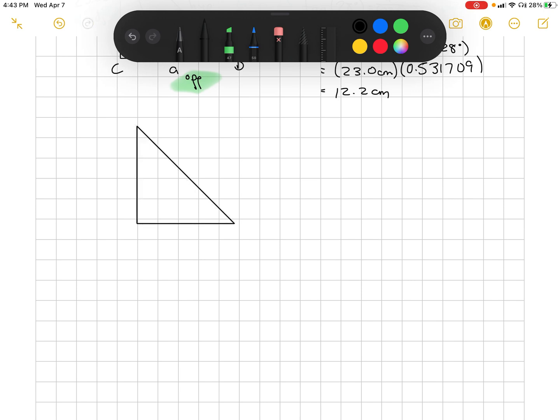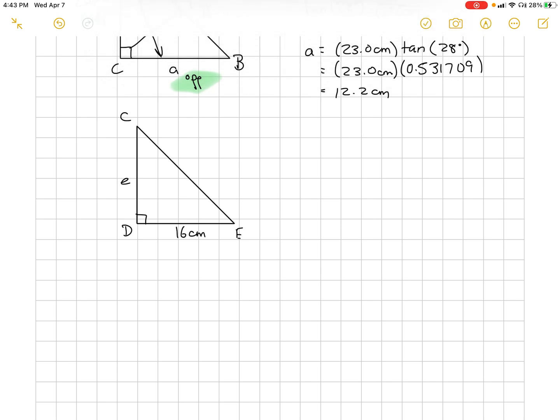It'll work out to be another tangent one, but we'll work with it. So we're going to go C, D, E, like so. We're looking for little e. We know that C is 16 centimeters, and we know that big C is 44 degrees. So, same thing as before, start with your hypotenuse.